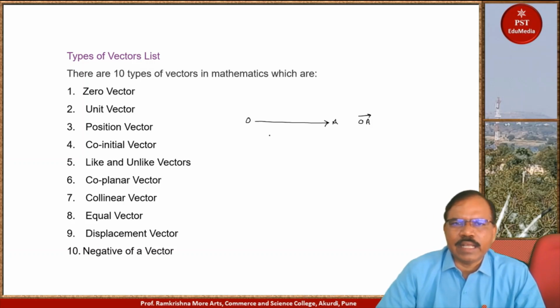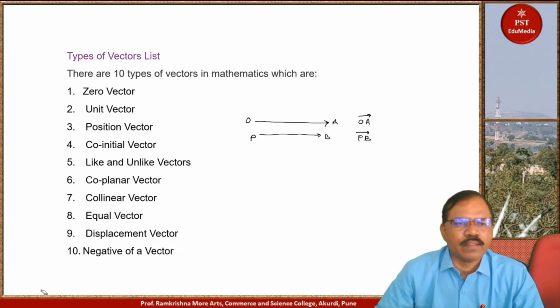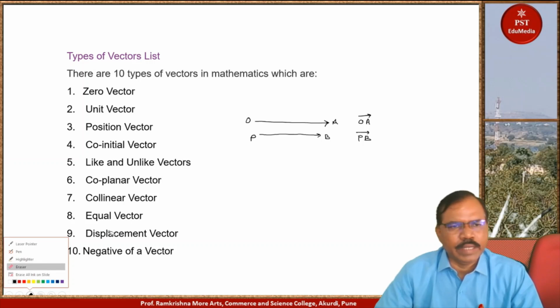And suppose we take another vector with points P and B, so PB. So these are two vectors.